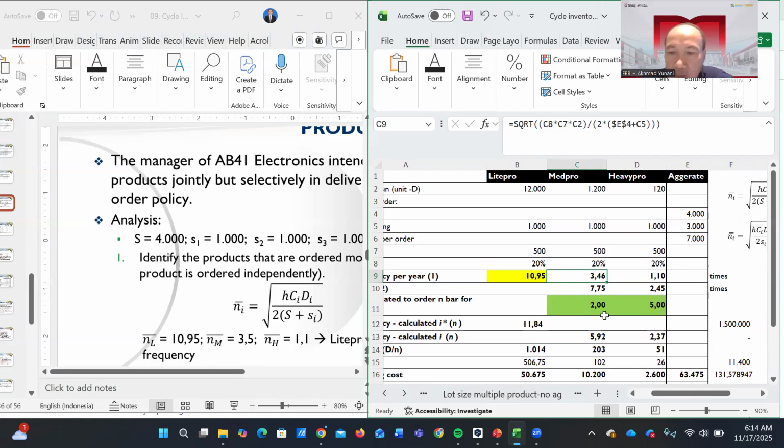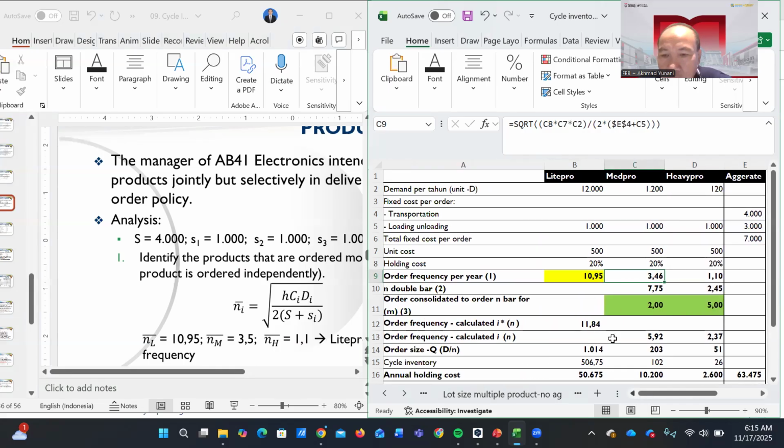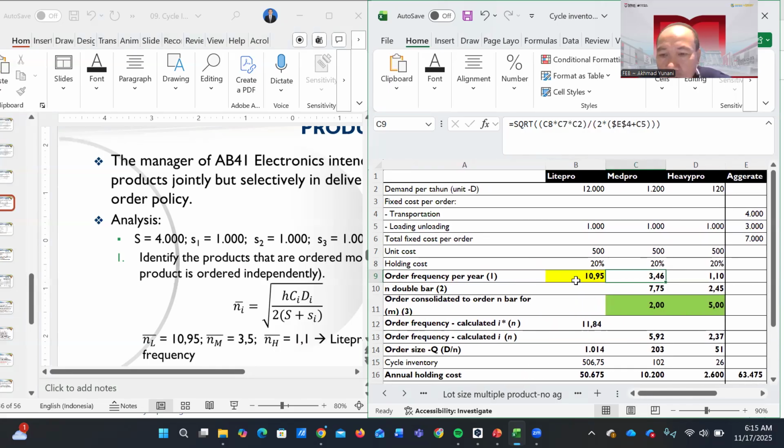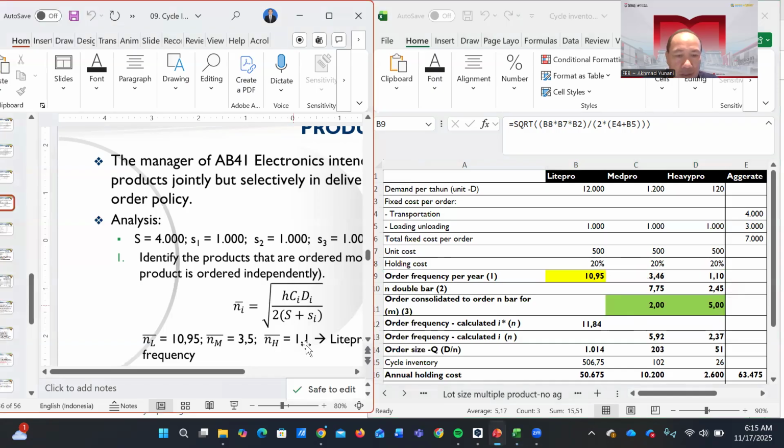So here with the order frequency for three brands, we find that the most order is Light Pro. So we will consolidate all the order to order of Light Pro. Okay, this is the first step.